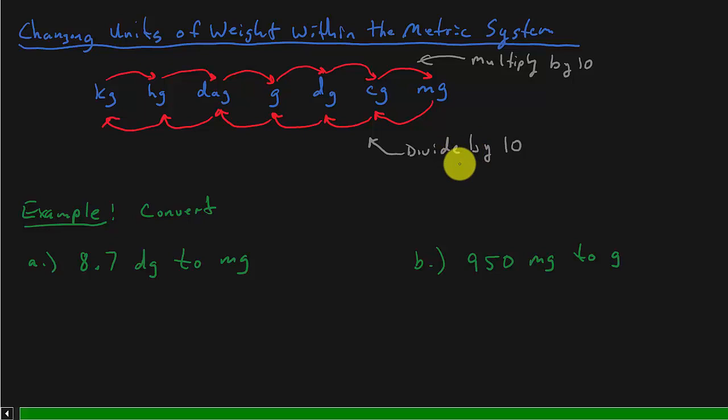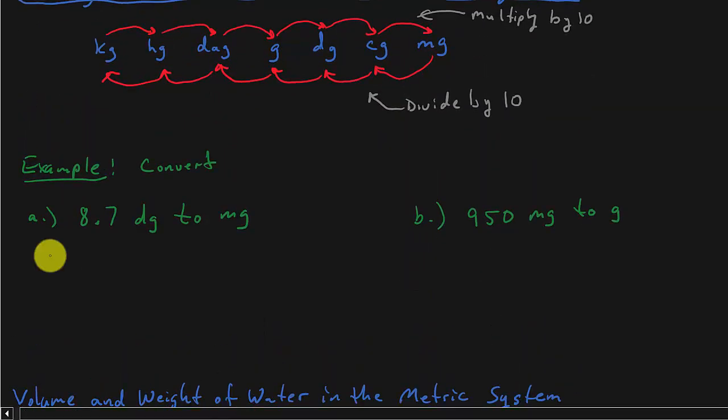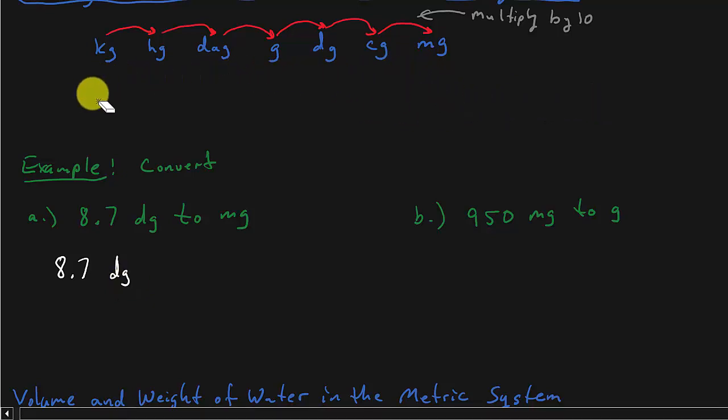Let's take a look at this. We want to take 8.7 decigrams and convert it to milligrams. I would just remember this chart and write it down on your test if you're taking a test. It's real easy to do.